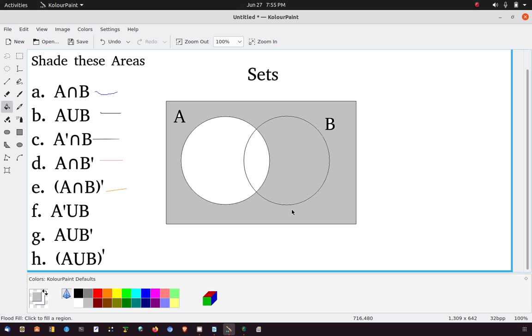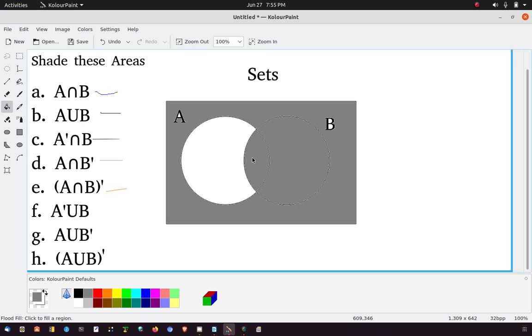B represents in here and here. Now, A complement union B will be all that is shaded. Let's put them in one color. So we have everything here in one color.